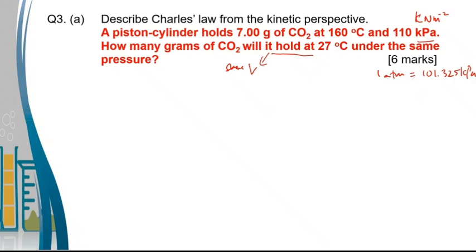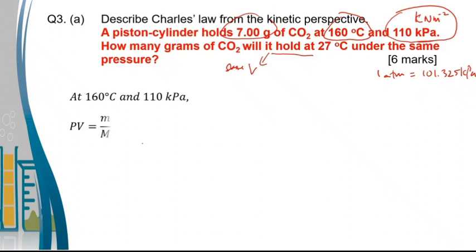So what we can calculate here is, we look at the 160 degrees Celsius and 110 kilopascal as well as 7 grams. We use these to calculate the volume of the carbon dioxide.